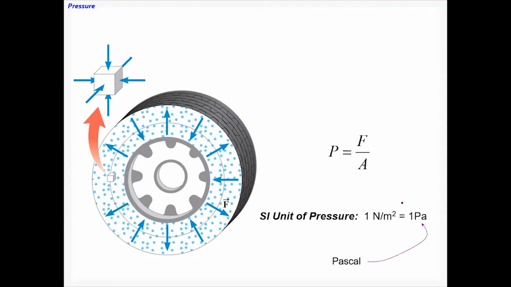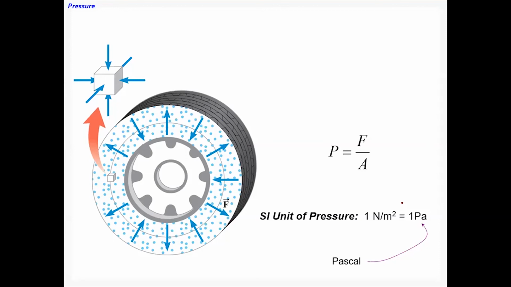So what is pressure? You already know this, I just want to refresh your memory again. Pressure is force per unit area. Suppose a force is being acted on some area. If this area is a unit area, what is the total force acting on the unit area?